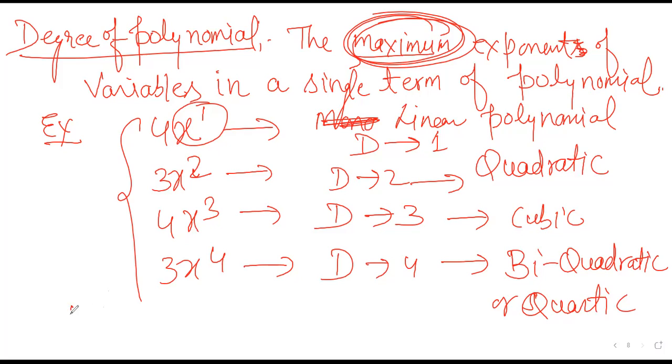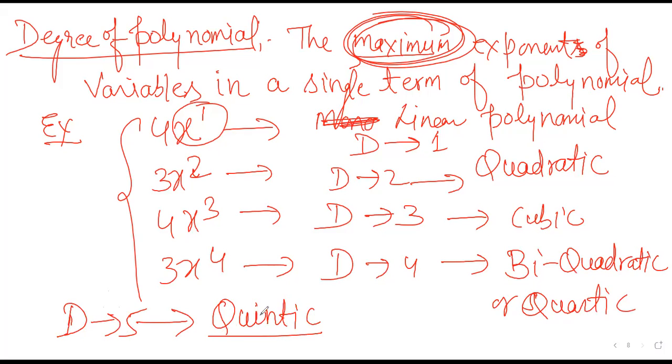If the degree is 5, then what is the name of the polynomial degree-wise? I'm telling you this may or may not be written in the books. A polynomial having degree 5 is known as quintic.